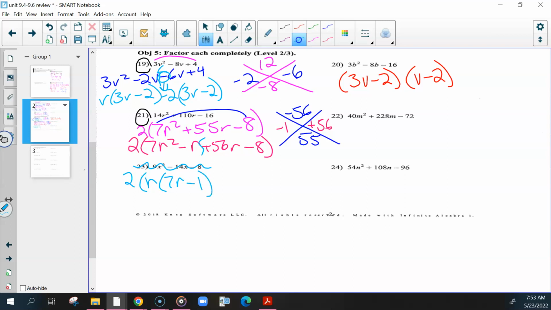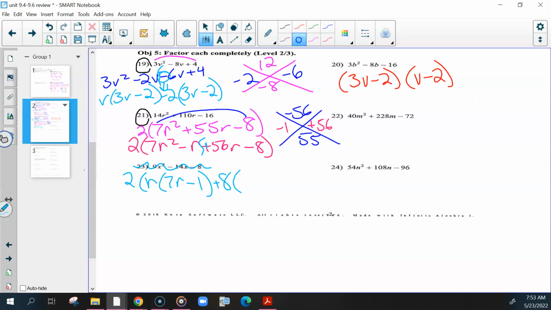What could we divide out of these last two? In this case, it would be positive because this one's positive. But yes, positive 8.